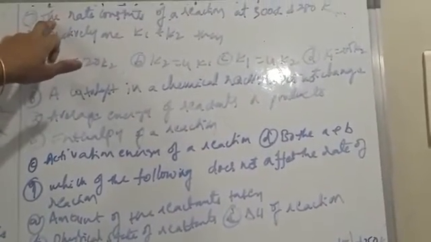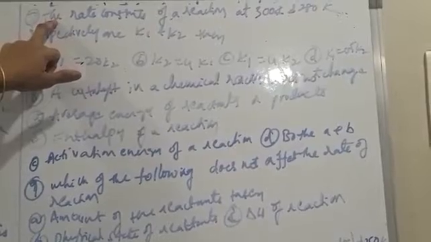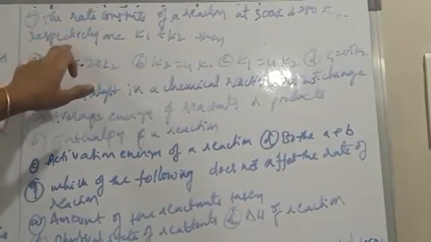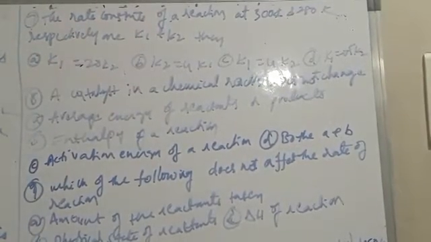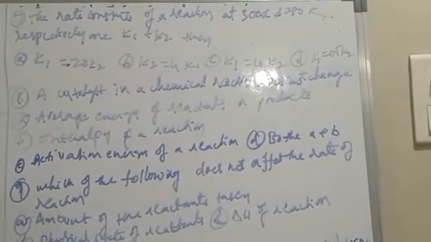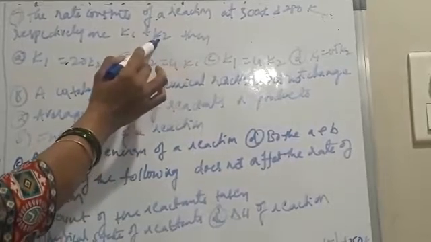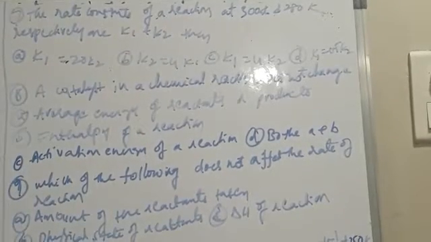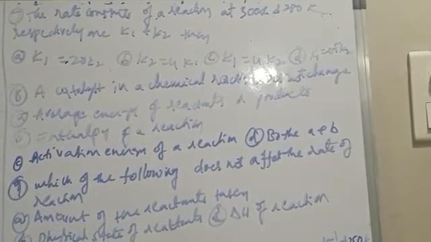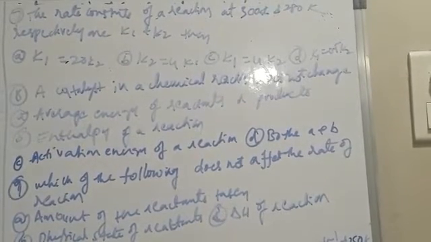So, the rate constants of a reaction at 300 Kelvin and 280 Kelvin are K1 and K2. What is the relation between K1 and K2? So, at 280 Kelvin, rate constant is K2. Then at 290, it becomes 2K2, it becomes double.